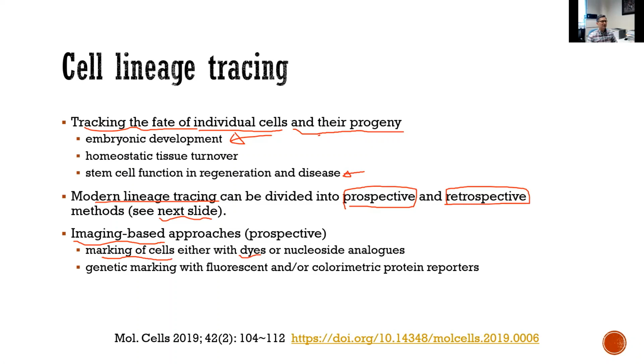And this is one of the prospective methodologies. You can also use genetic markers and fluorescent or other coloring systems as reporters to follow the trajectory of the development. So this large group of technology are prospective.